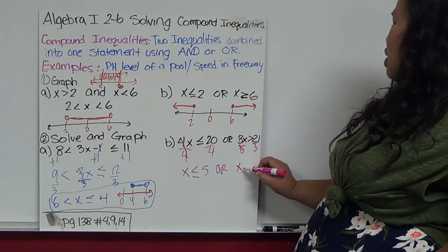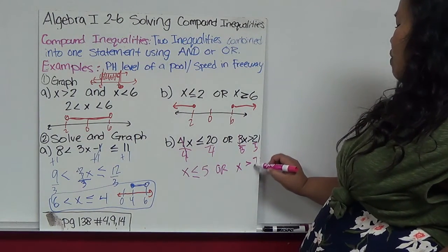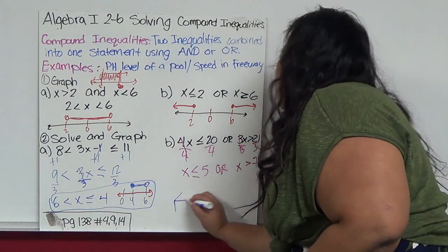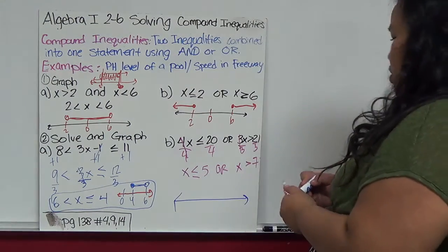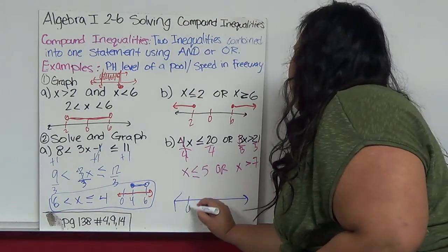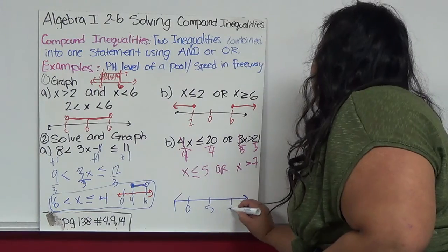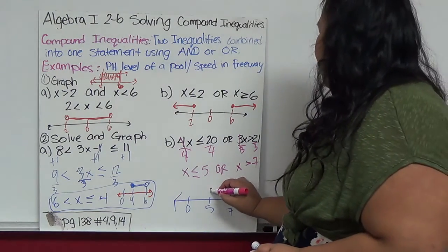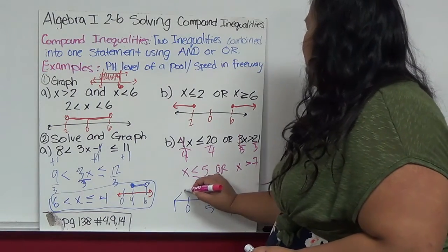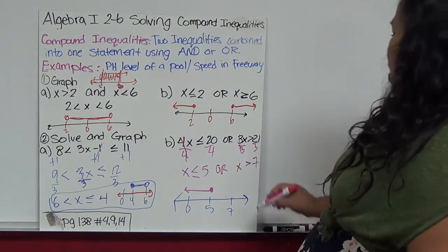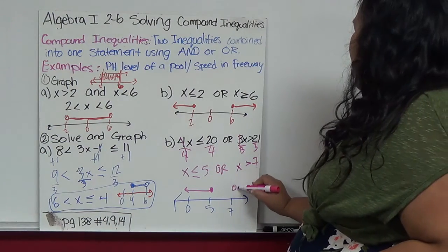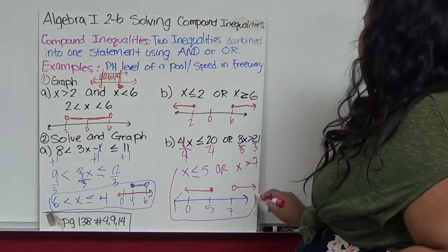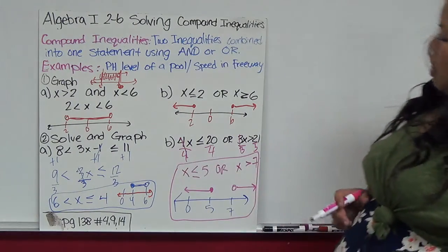So I end up with x is greater than 7. So if I wanted to graph this, here's 0, 5, 7. It's closed circle with 5, and it's all the numbers less than 5. But it's open circle with 7, and all the numbers bigger than 7. So this is my answer.